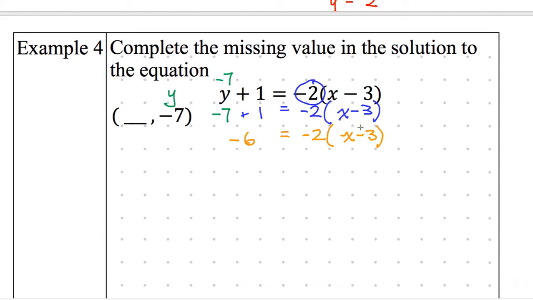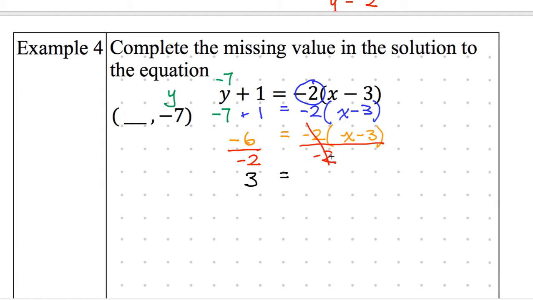The first way that you can solve this one is by distributing the negative 2, but you don't actually need to. Here's a cool little trick that you can do. You can actually divide both sides by negative 2. Divide this side by negative 2, divide this side by negative 2, and because these 2 things are being multiplied, one thing being multiplied by another thing, one of them can cancel out. So negative 6 divided by a negative 2, a negative divided by a negative is a positive, and then 6 divided by 2 is 3.